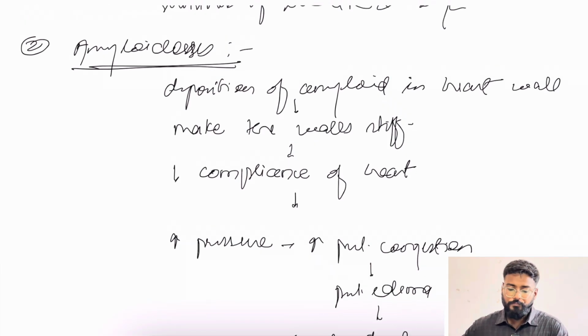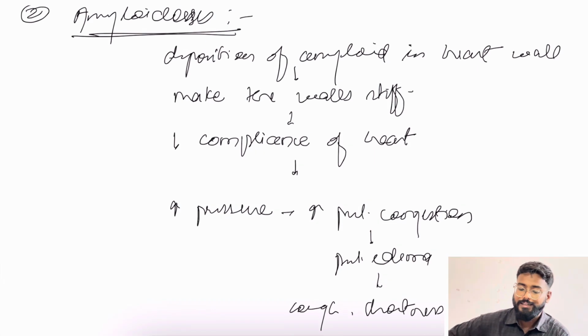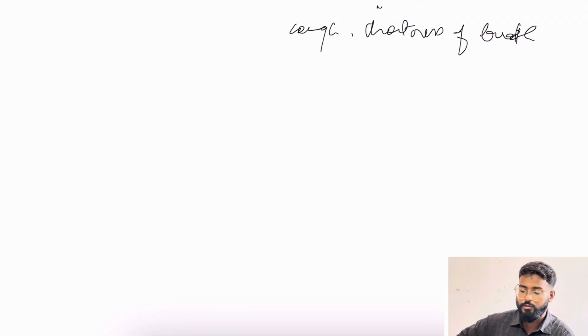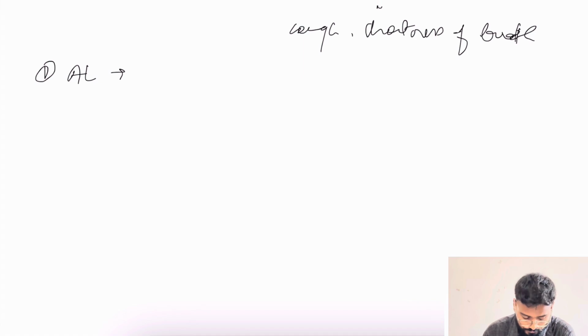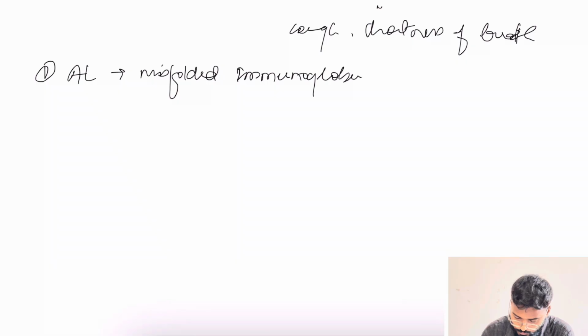So like in amyloidosis, I'm just going to tell you what are the two kinds of amyloid proteins that are going to deposit into the heart. The first one is called AL type, that is your misfolded immunoglobulin light chains.